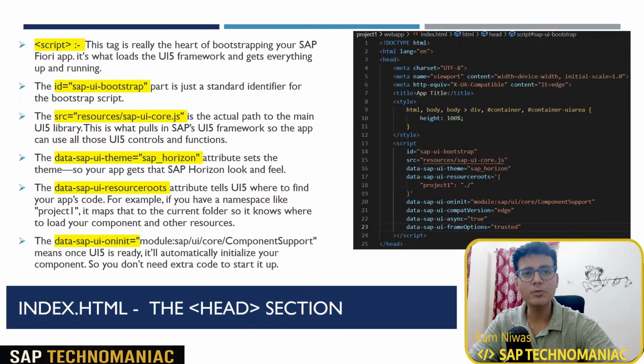If you want to see the full path, whenever your application loads, you can go to the network tab and see the actual source it is coming from. But in the file you can't see it directly, because this is all configured in your dev environment in the backend. Next is the theme, which theme you want to use: the SAP Horizon theme, or you can use the Fiori 3 theme.